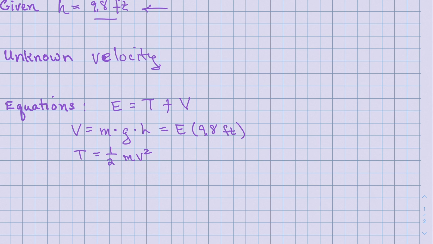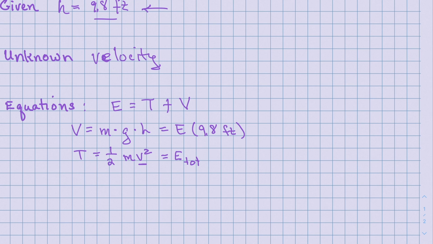When the ball hits the ground, all the potential energy will have been converted to kinetic energy. And so if we calculate the potential energy at the height of 9.8 feet, then the kinetic energy is going to be equal to that. And that's going to require that we solve for v squared.